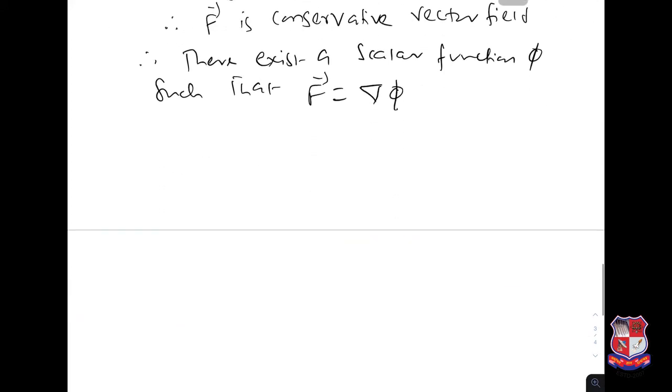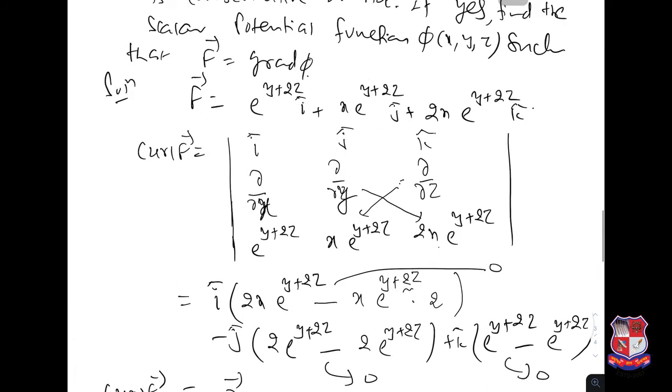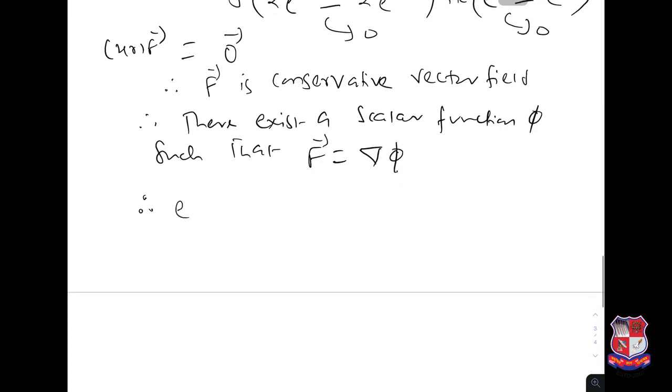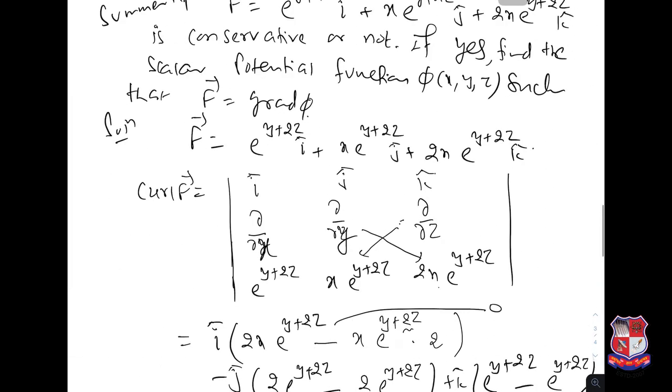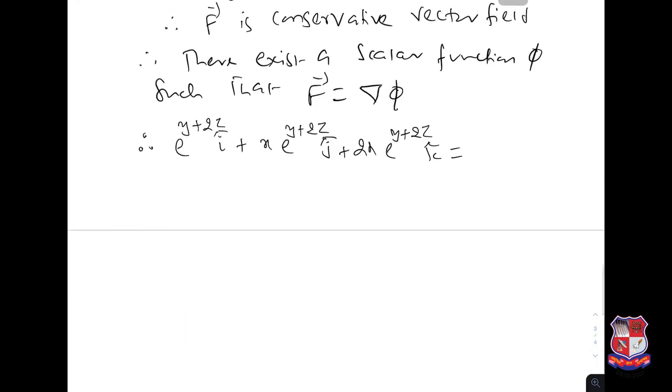Now f, compare with this. So f is e power y plus 2z i plus x e power y plus 2z j plus 2x e power y plus 2z k, and that is equal to gradient of phi.